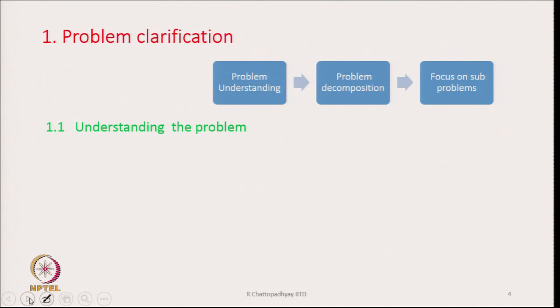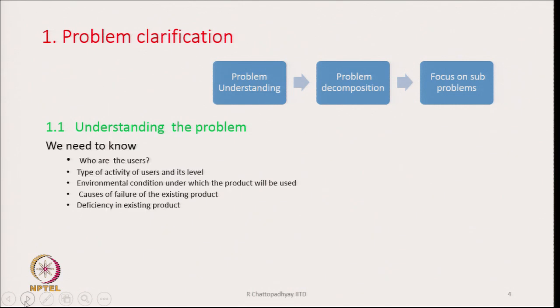So, understanding of the problem is very important, and what we need to know by this understanding, one is who are the users. Any product that we are going to develop, there will always be some users. So, we have to know who those users are. That is, are the users working in a mine, or are the users firefighters, or are the users working in a factory.